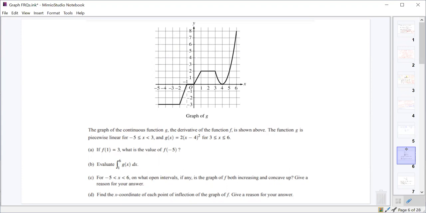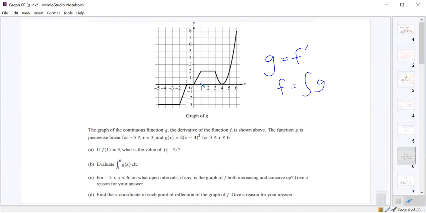Okay. They tell us that the graph here, g, is the derivative of f. So g is f prime. We want to find values of f. Well, what does that tell us? That tells us that f is the integral of g. So we are looking for values of area under the curve of g.